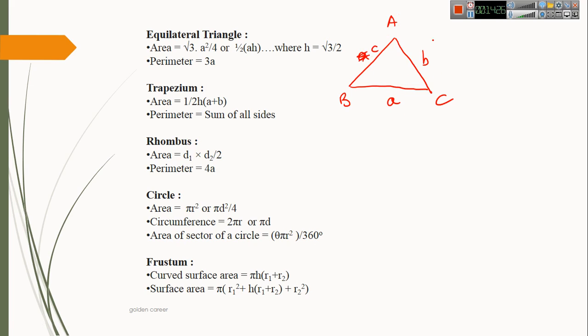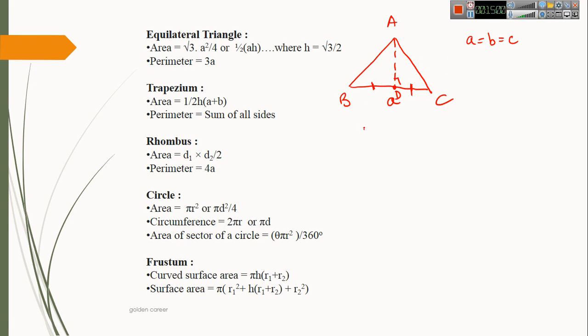For an equilateral triangle, a equals b equals c. So we have AB equals BC equals AC. If we drop a perpendicular from A to BC, then it will intersect BC at its midpoint. So if we consider this point to be D, then BD will be equal to DC for an equilateral triangle.